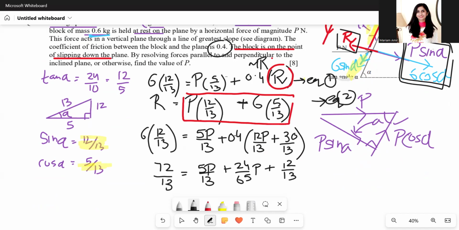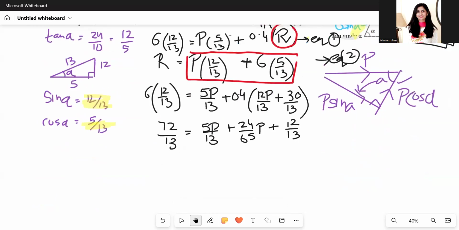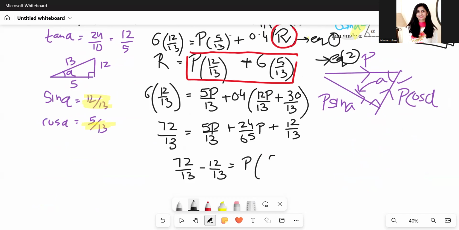Okay, now let's take 12 by 13 to the other side, 72 upon 13 minus 12 over 13, and take P common here. So 5 by 13 minus 24 by 65.